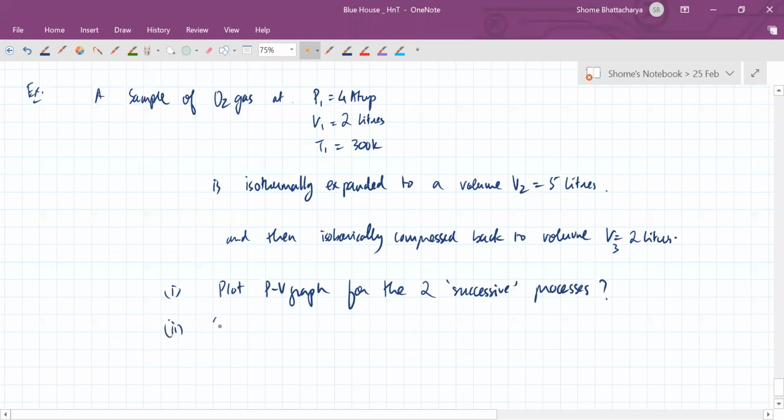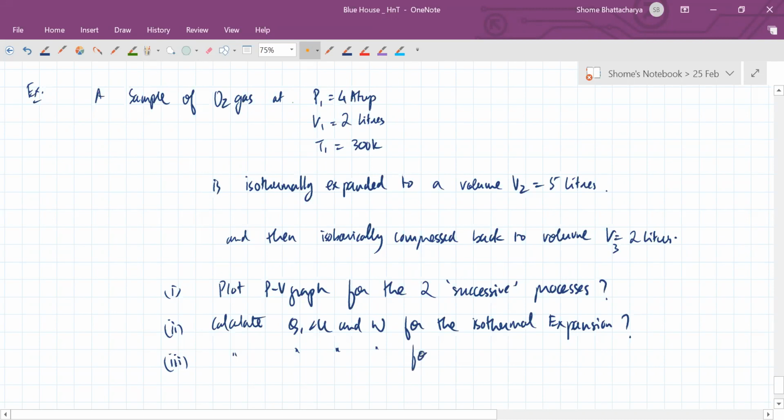Secondly, calculate Q, delta U and W for isothermal expansion, and calculate Q, delta U and W for the isobaric compression.